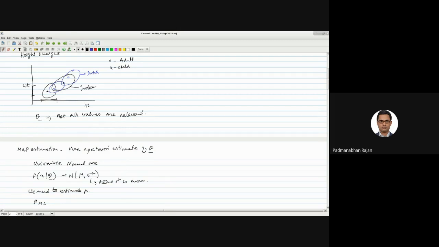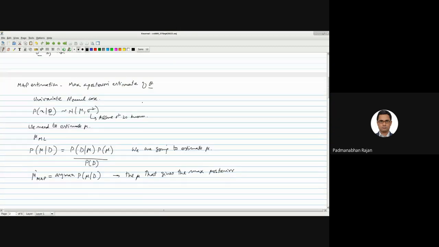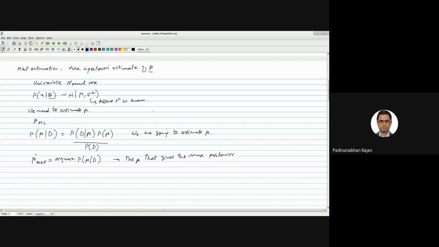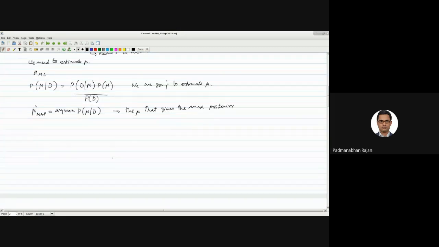So we want to put a prior distribution on the parameters. Did you understand? We want to put a prior distribution on the parameters, and then give more emphasis to the more likely parameters. So that is the main difference between ML and MAP. ML is only a likelihood estimate, whereas MAP is a maximum posteriori estimate.